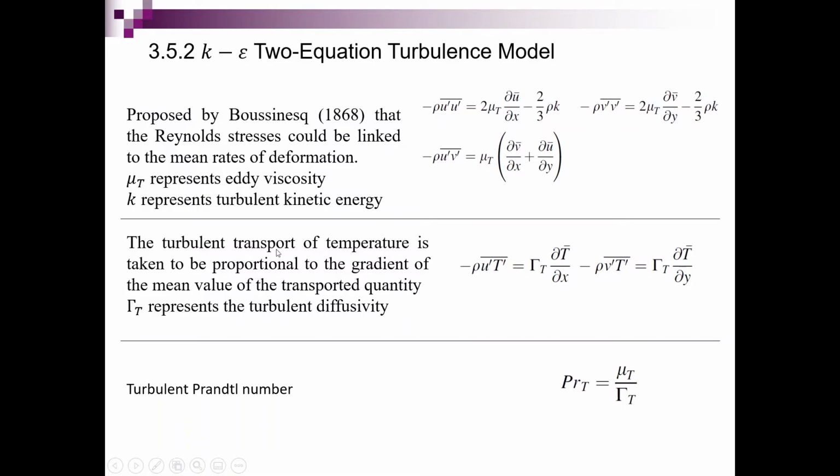The turbulent transport of temperature is taken to be proportional to the gradient of the mean value of the transported quantity, and this symbol represents the turbulent diffusivity. The bottom one is called the turbulent Prandtl number, where the Prandtl number is generally known as the ratio of momentum diffusivity to thermal diffusivity.